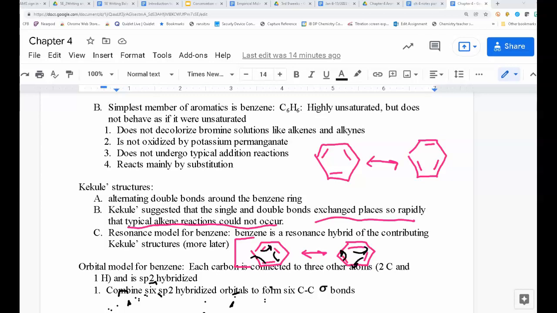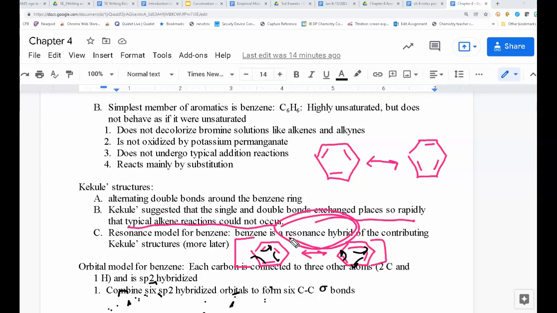For me, just as long as you recognize that this is a resonance hybrid, and we're going to talk about evidence for this resonance hybrid as we go along. The idea is that we do not have alternating single and double bonds at any given time.